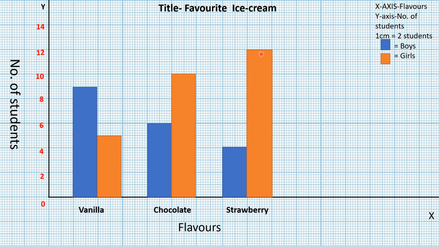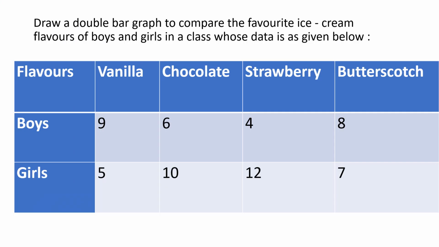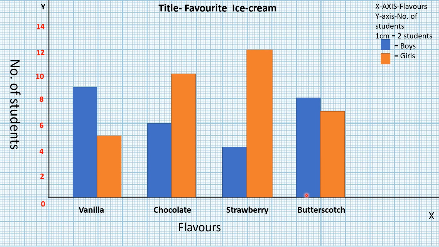It means 12 girls like strawberry flavor and 4 boys like strawberry flavor. Butterscotch ice cream is liked by 8 boys and 7 girls. So here on the graph paper, butterscotch flavor is liked by 8 boys and 7 girls. 7 will be in between 6 to 8 here.